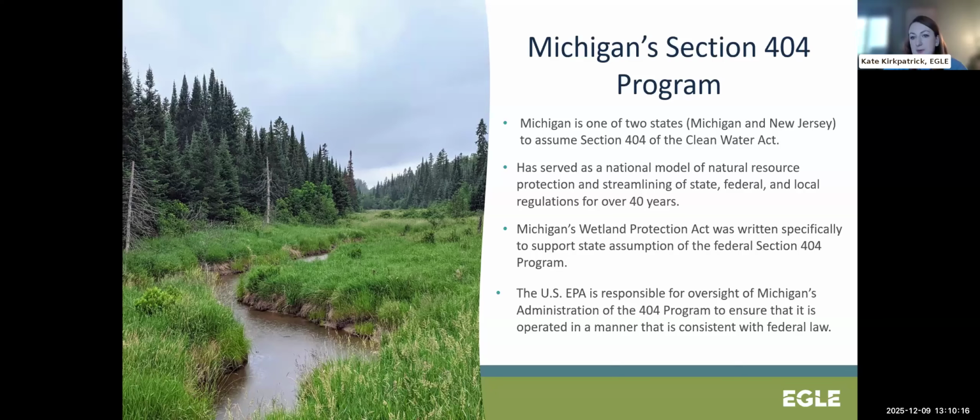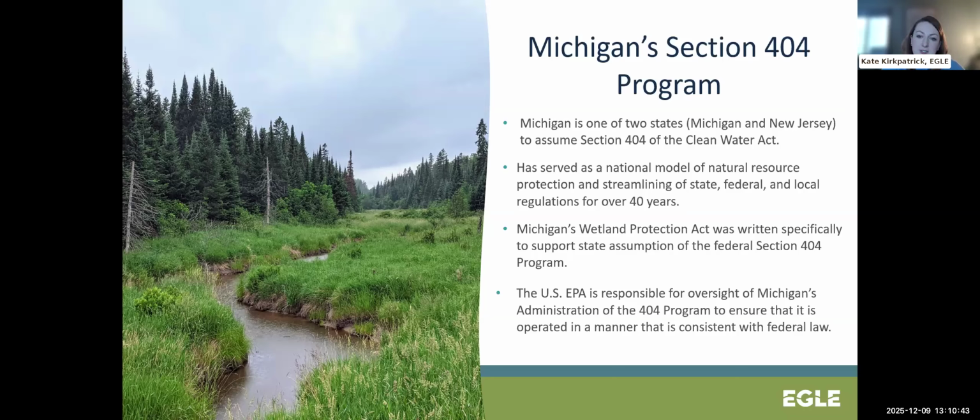So first, I want to give a little reminder on the background of the joint permit application and our Section 404 program. Michigan is special in that it has a consolidated permitting program at the land and water interface and has assumed Section 404 of the Clean Water Act. So Michigan is one of only 2 states that's been approved by the federal government to administer Section 404, along with New Jersey.